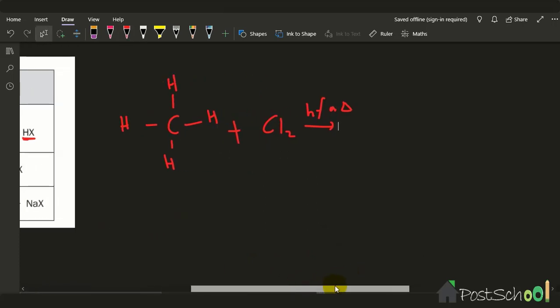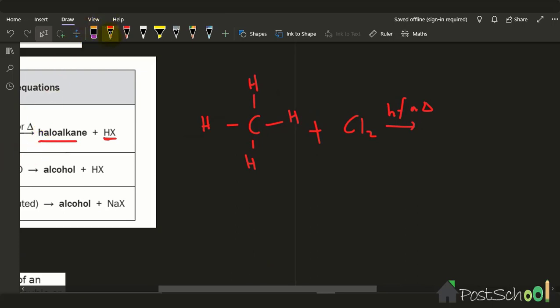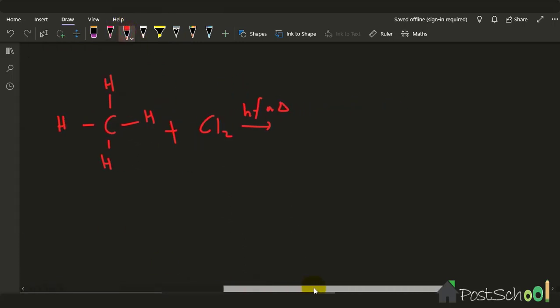What will result? A haloalkane from the word halogen, halogen combined with an alkane, so yona into ezophuma la.